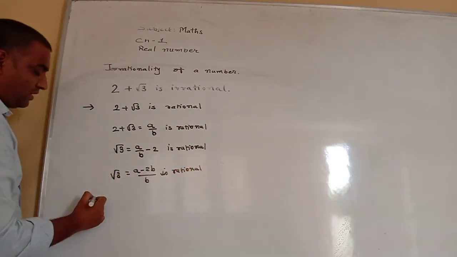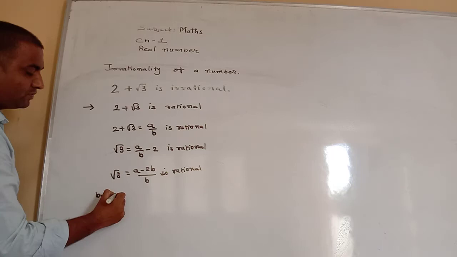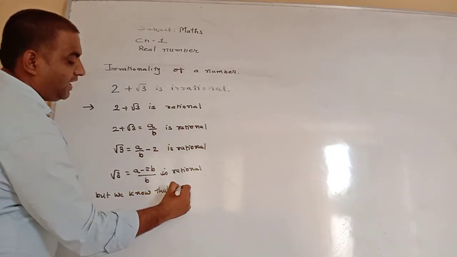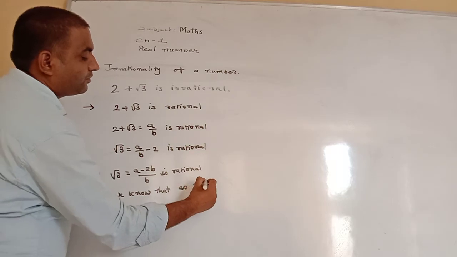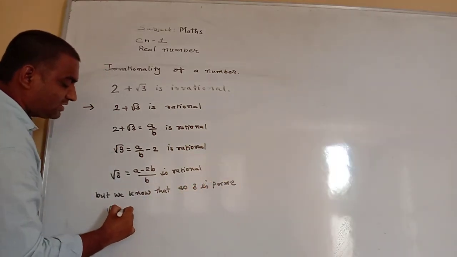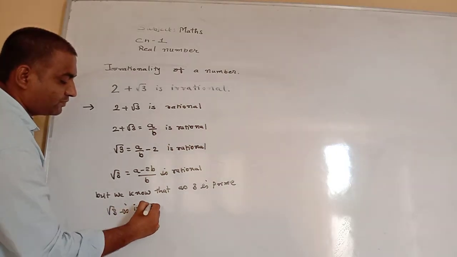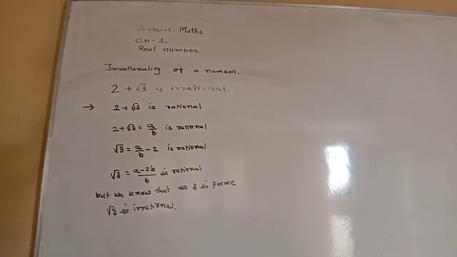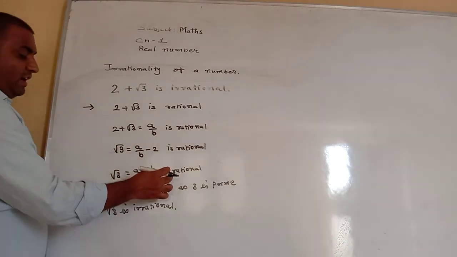But we know that as 3 is prime, root 3 is irrational. And so we have a contradiction with that.